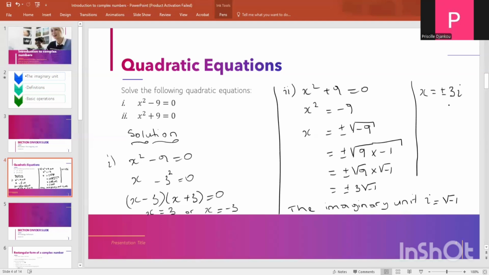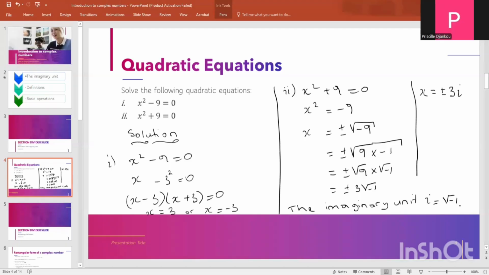And this is what we call a complex number. So the complex number system is an expansion of the real number system whereby we introduce what we call the imaginary unit, where i equals the square root of minus 1.